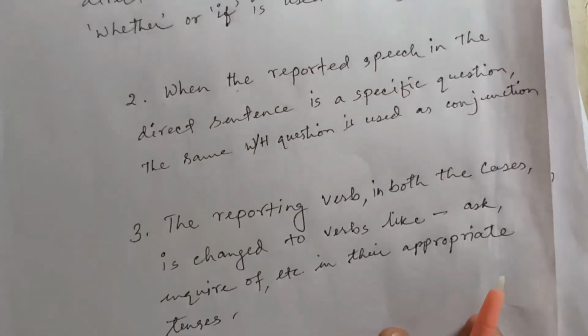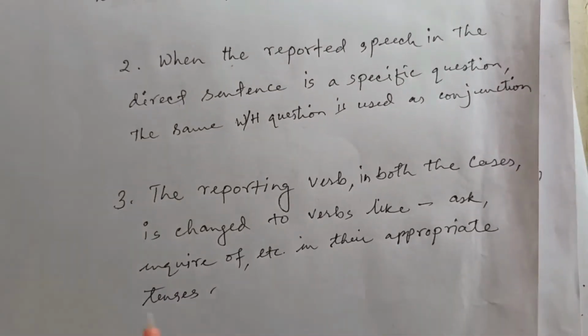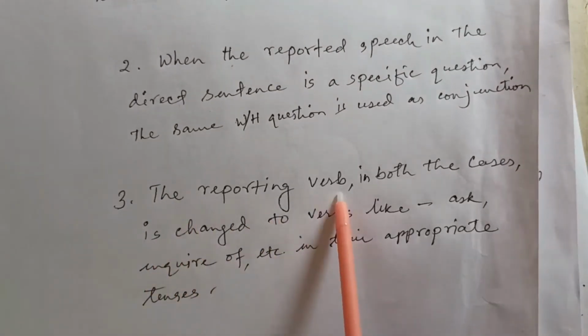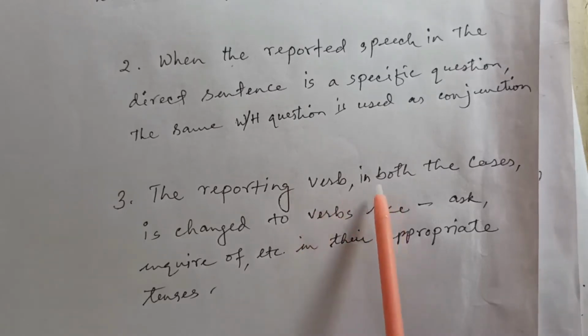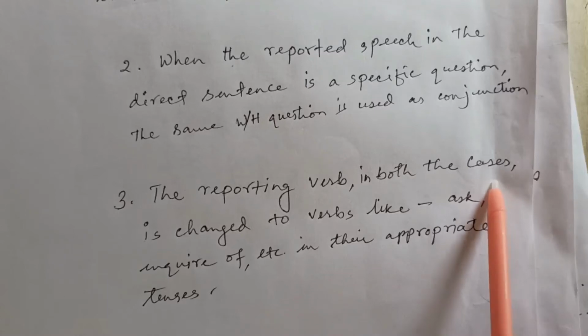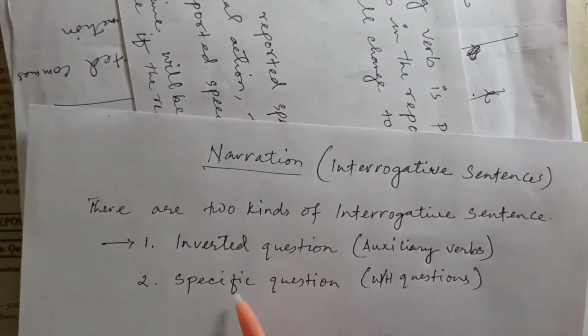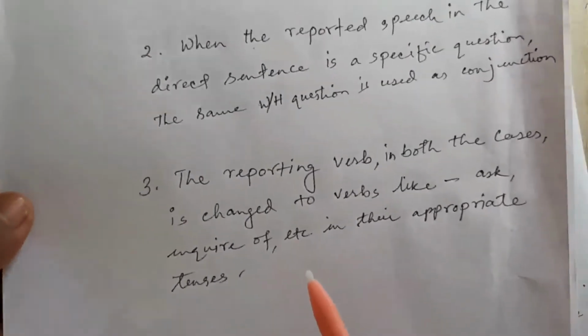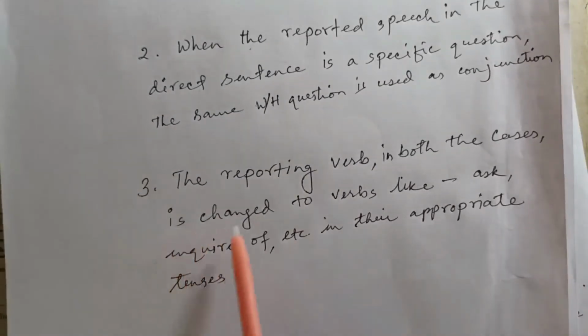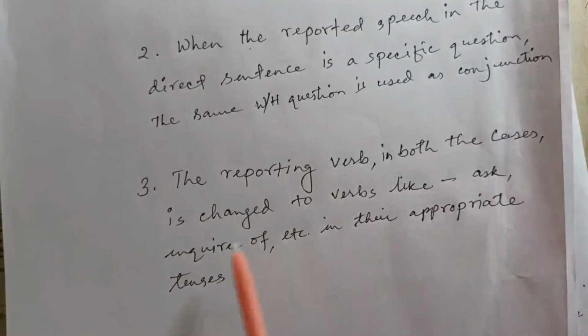Let's see the third rule, the reporting verb. You might remember what a reporting verb is. The reporting verb, in both the cases, that means in both an inverted question and a specific question, is changed to verbs like ask, inquire of, etc., in their appropriate tense form.